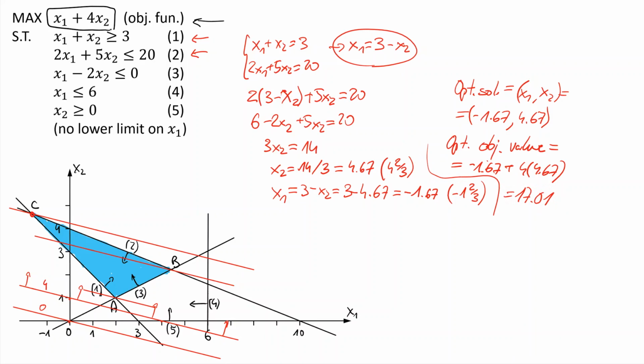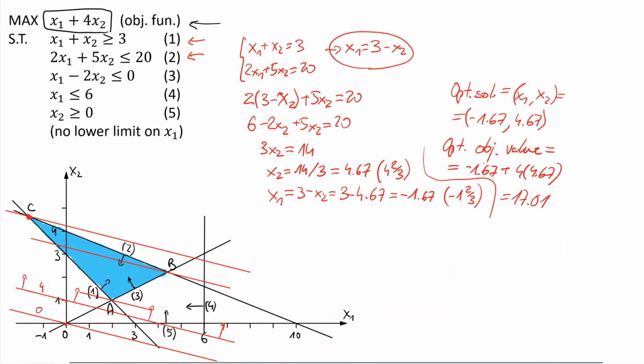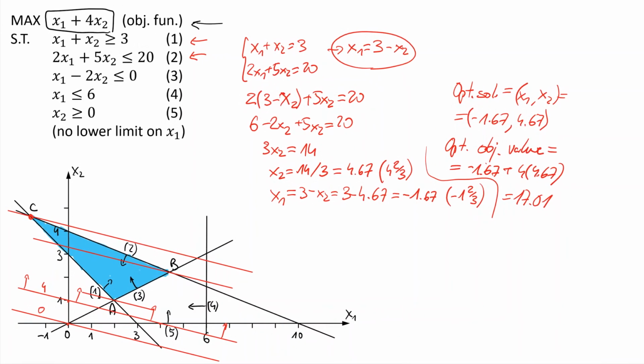However, if you use the exact values, you would find that a more accurate value is exactly 17.0. So the optimal objective function value is 17. So this level curve is on the line 17, giving a value 17, and C is the only point that provides 17 units of objective function value. This is the optimal solution, and this is 17.